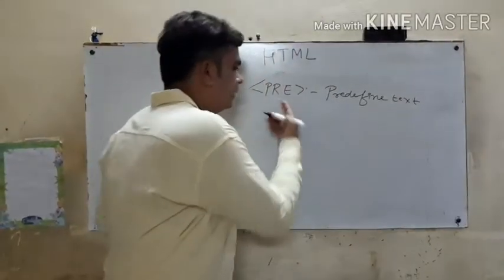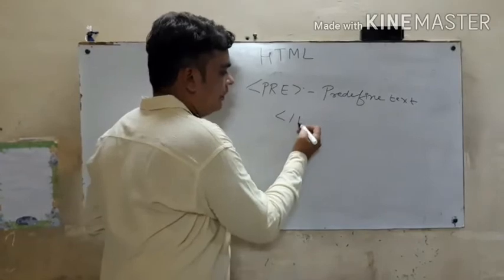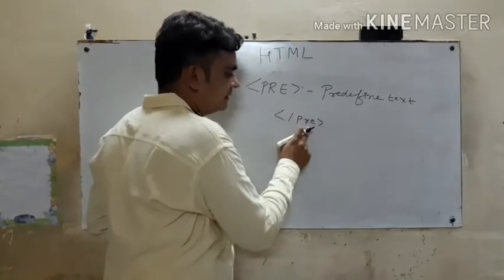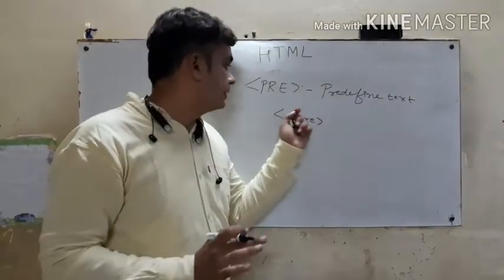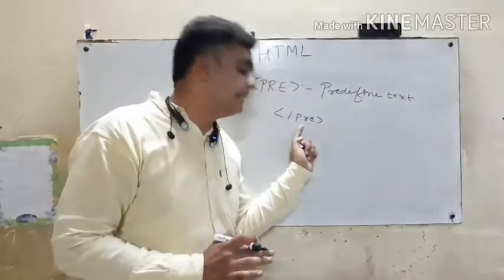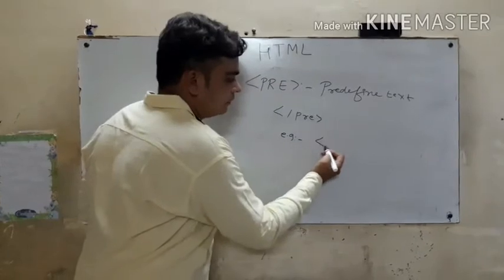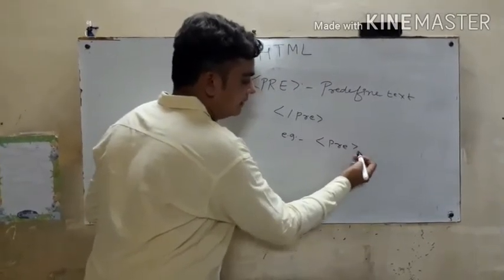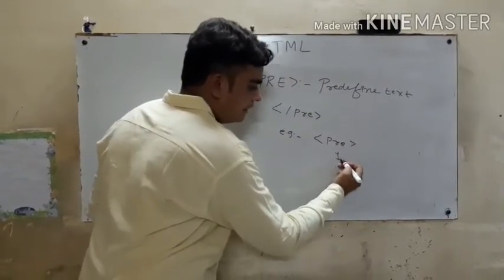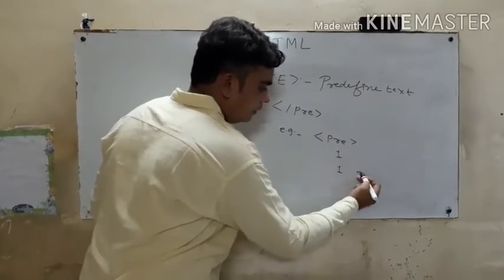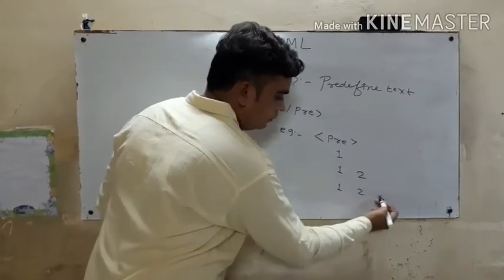But first of all, the pre tag is also a pair tag. Its companion tag is /pre. The information must be present in between the pre tag and the /pre tag. Thereafter I am going to write down the example. So suppose here I am writing like this: pre, and suppose I want to display one series like this: 1, 1 2, 1 2 3.